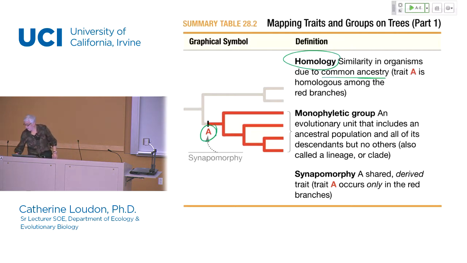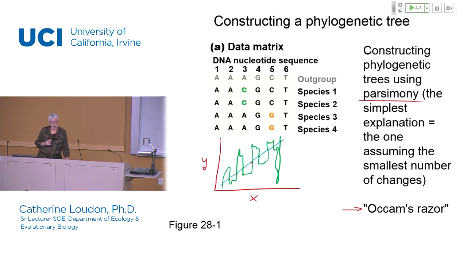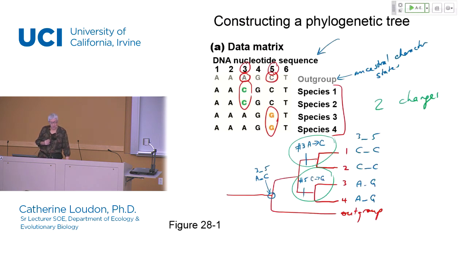Now, if we go back to those earlier phylogenetic trees we were just looking at, we can see why the choice of different tree implies different things about whether or not something is homologous. Let's go back to this one. Notice this particular trait right here: species 1 and species 2 both have a C at position 3.